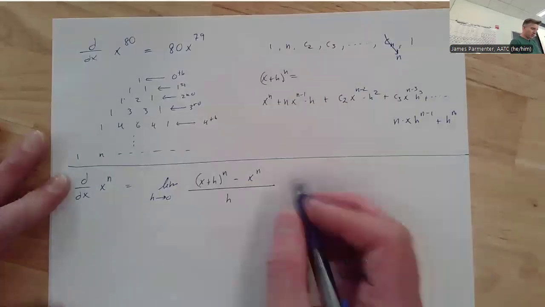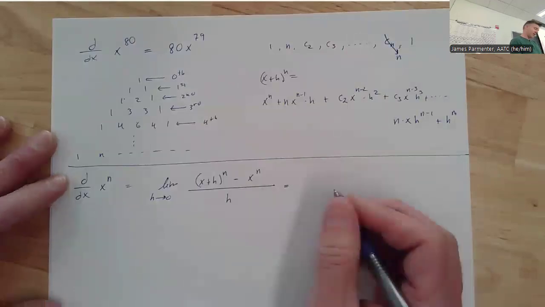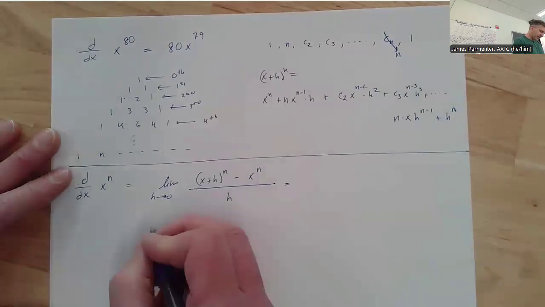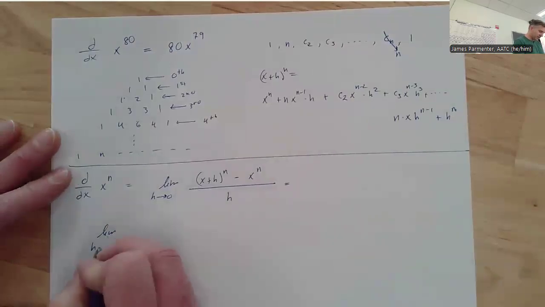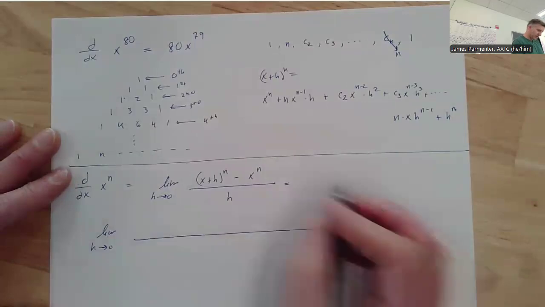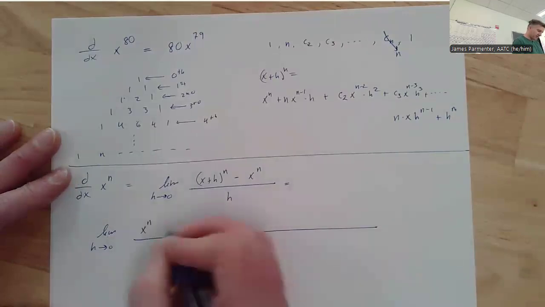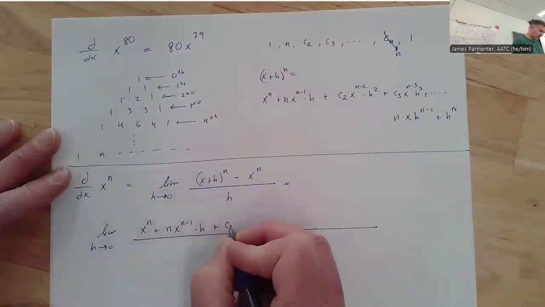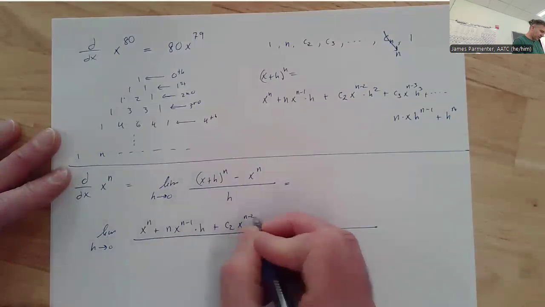So here, when we write this out, I probably should have written it down here because I'm going to write it twice. We're going to get the limit as h goes to 0 of x to the n plus n times x to the n minus 1 times h plus c2 times x to the n minus 2 times h squared.